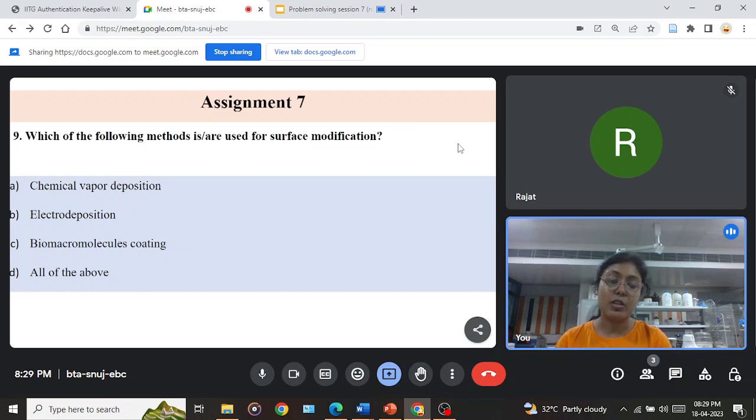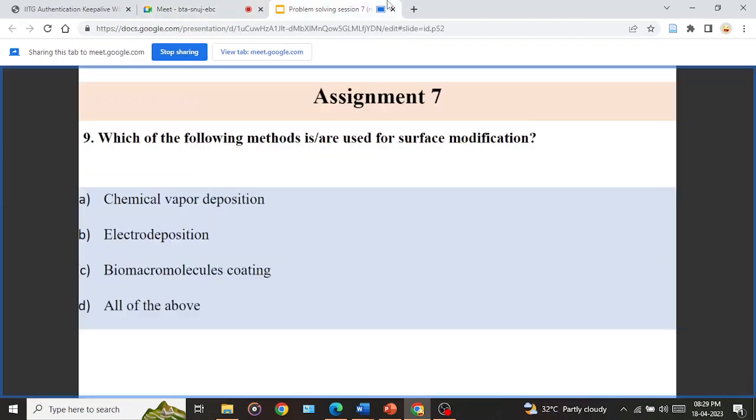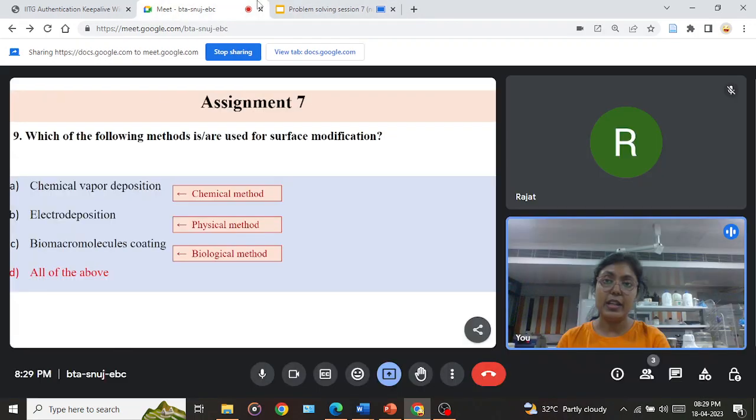Again, biomacromolecules coating, involving coating of the surface using lipids, proteins, carbohydrates, or even peptides, can modify the surface, right? So the correct answer for this question would be option D, that is all of the above, right?